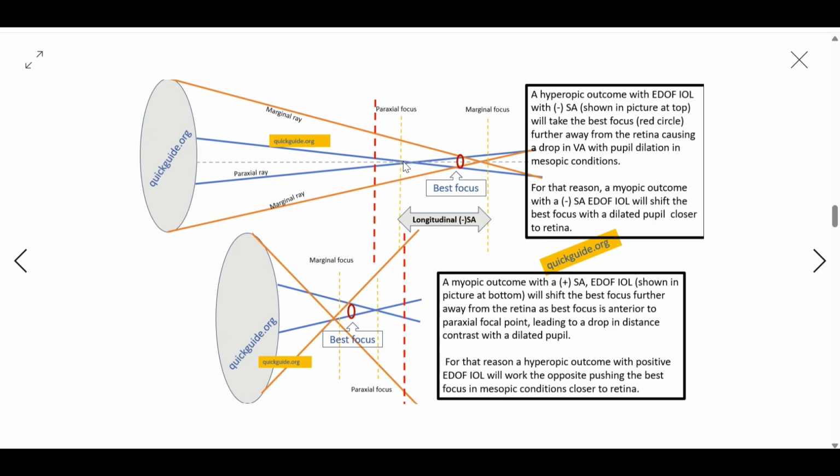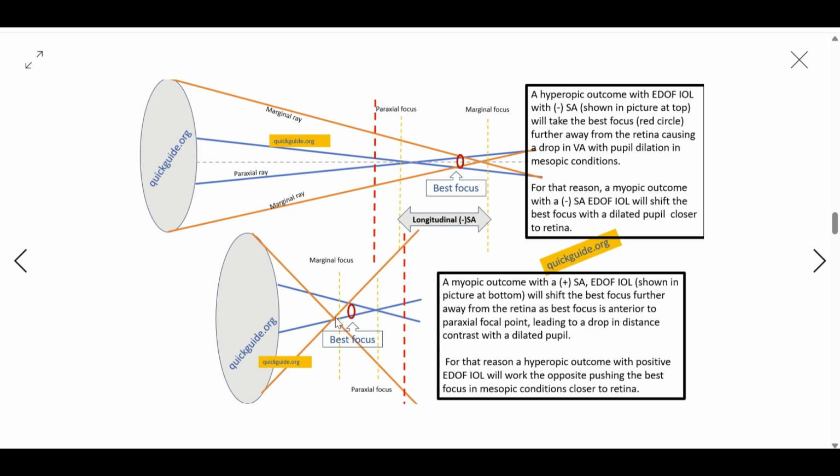Because the paraxial focal point, because of the hyperopic outcome, is beyond the retina, the best focus is also further shifted, and that's not a happy situation for the patient. On the other hand, with a negative spherical aberration, if you have a myopic outcome, then the best focus shifts towards the retina, which would be beneficial for the patient.